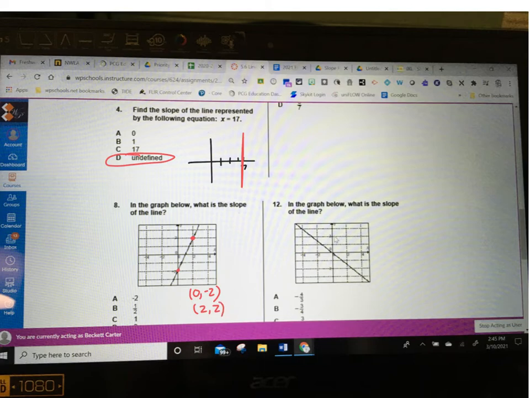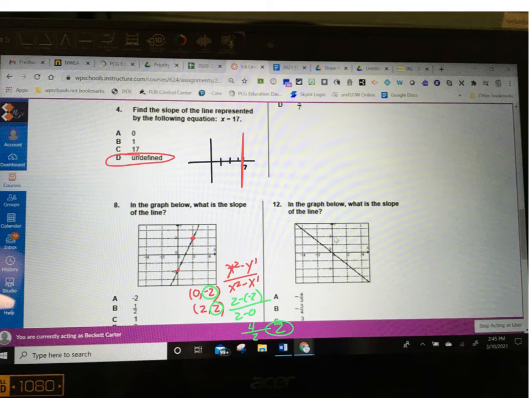And then what I like to do is just calculate it. y2 minus y1 over x2 minus x1. So these are my changes in y's over my changes in x. Where 2 plus 2 is 4 over 2 minus 0 is 2. So solve 4 divided by 2. Your slope is 2.